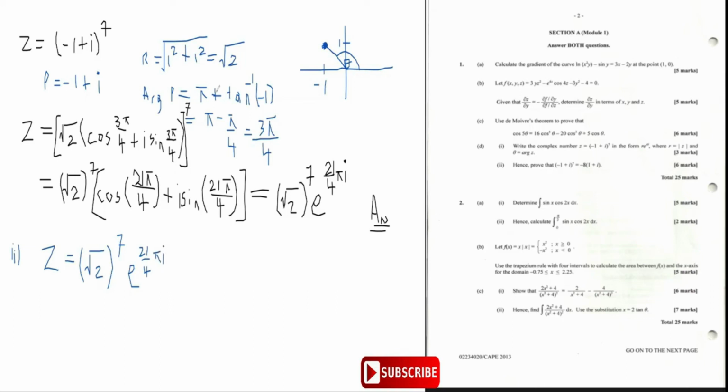But we also know it in its polar form: root 2 to the 7th power times cosine of 21 over 4 times pi plus i sine 21 over 4 times pi.